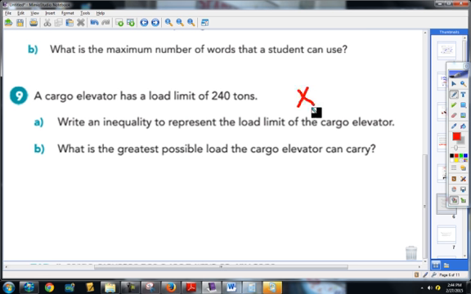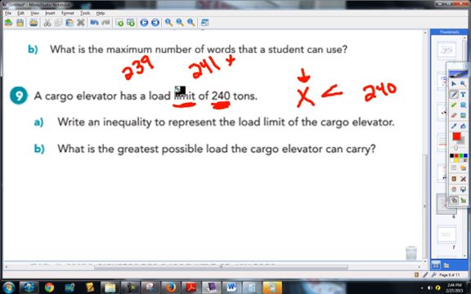So X is how much weight that elevator can handle, and 240 was given as a constant number there. Okay, so we have to ask ourselves, could I put 241 pounds in that elevator? No, because its limit is 240. So could I put 239? Absolutely, because I just can't go over 240. So I know this has got to be less than.